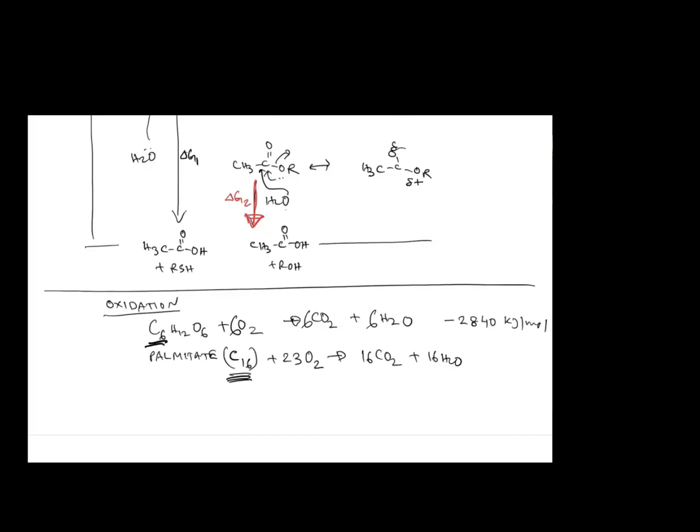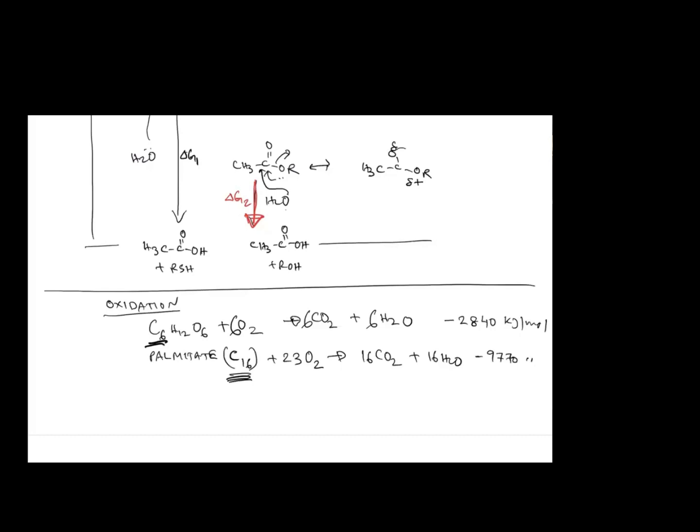So that's why the delta G here is going to be really, really high. That's why the overall energy you get from food, if you eat fat, you get a lot more energy, a lot more ATP than what you get from sugar. That's the bottom line I'm trying to get across.